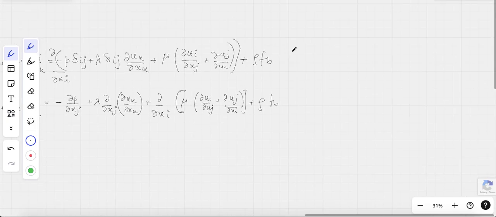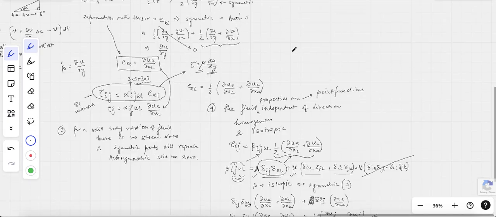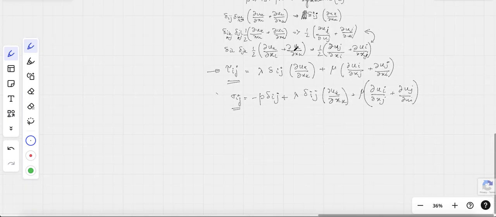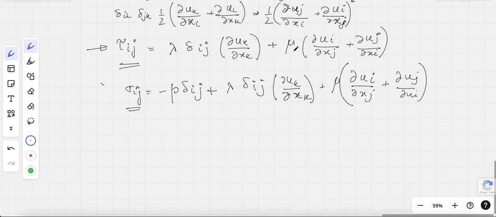So we have this as sigma, right? We have defined this pressure as thermodynamic pressure.